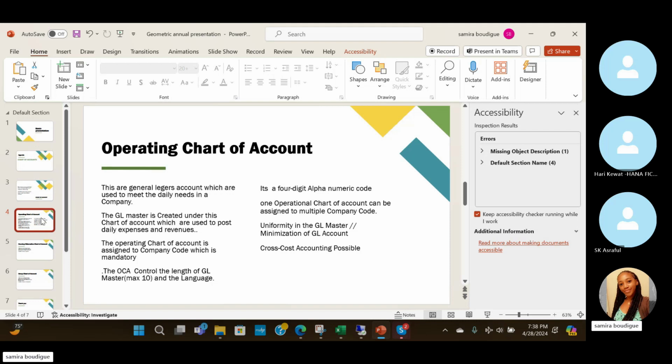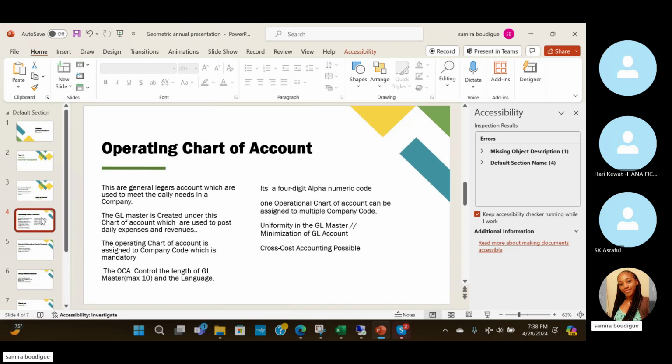The operating chart of accounts is assigned to a company code, which is mandatory, and it controls the length of the general ledger master, which is a maximum of 10 numbers, and it also controls the languages of the general ledger master.